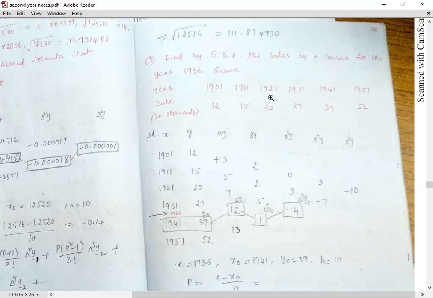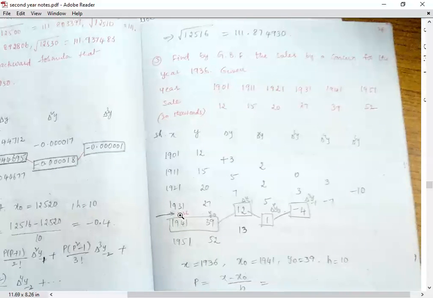So we are asked to find y at 1936. It is very clear that this lies between 1931 and 1941. It is very clear 1936 is not exactly near the middle of the table. But we are asked to use Gauss backward formula.